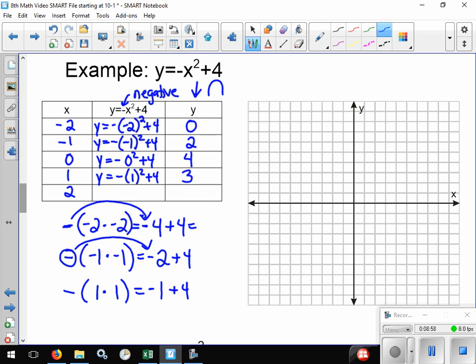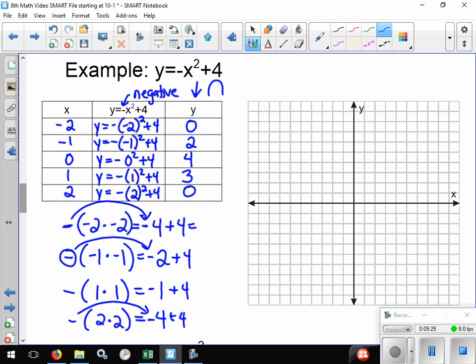Okay? All right. And now we have the last one, y equals negative 2 squared plus 4. So you have negative 2 times 2 gives you positive 4, and then negative. So it's negative 4 plus 4 gives you the 0.